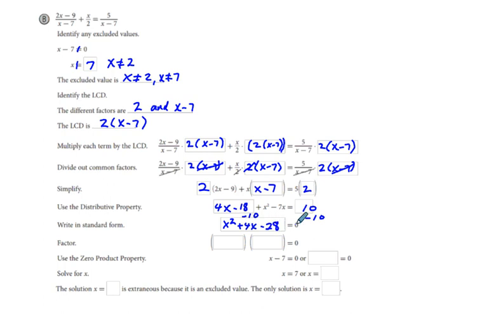And on the right side we have 0. And so factoring x and x, we're going to have negative 28. So we're going to have a negative times a positive to get negative 28. So what two numbers multiply together equal negative 28, but when added together equal 4?